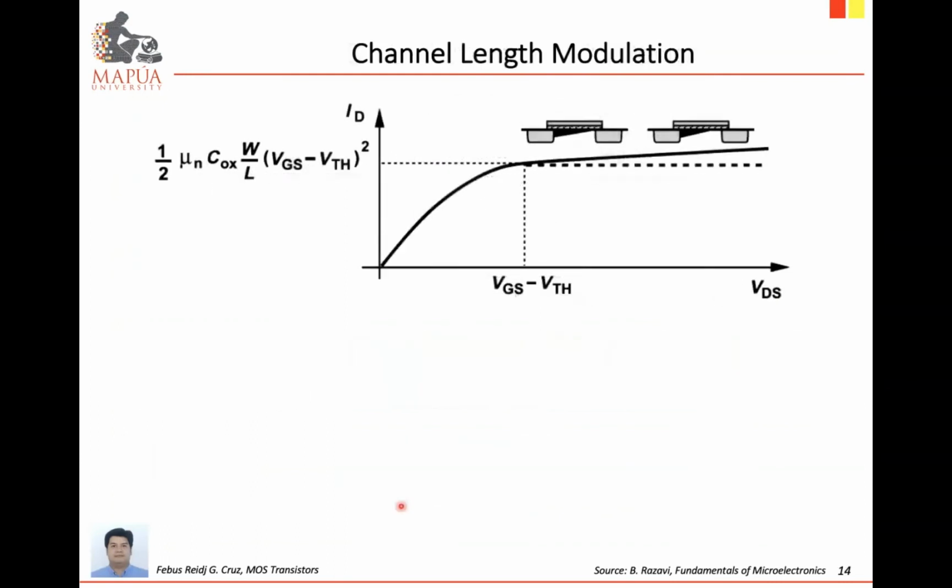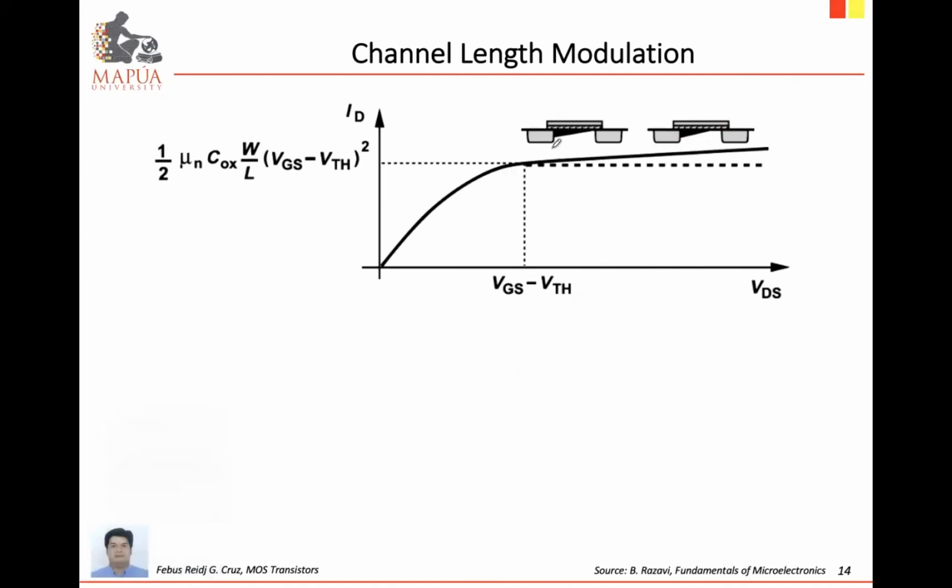Now, let me introduce another concept exhibited by the MOS transistors. We have what we call the channel length modulation. If you look at the cross-section, when we apply a higher drain voltage, we expect this region to become very, very concentrated or thin. And effectively, they say that the effective channel length decreases because of that, no?